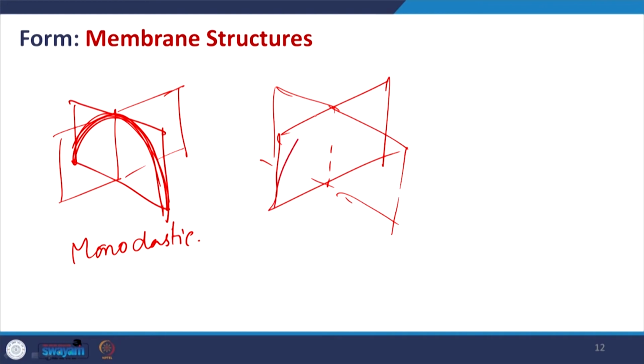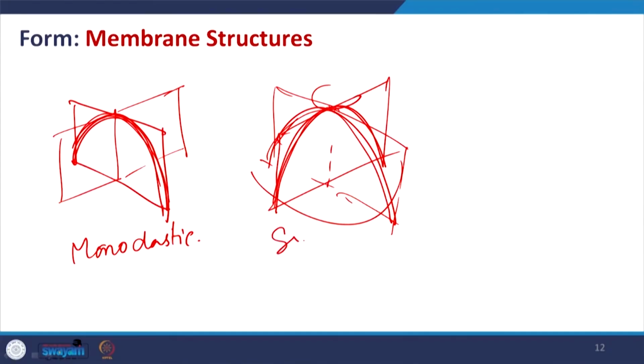Now, you have a curvature for this surface as well as this surface. So, in both the cases, you see that the curvature is in the similar direction, and then if you just revolve this plane, what will you get? You get a form of a dome, right. You may not get a dome, but you can get something dome-like. So, this is basically having the similar direction. So, this is your synclastic curvature.